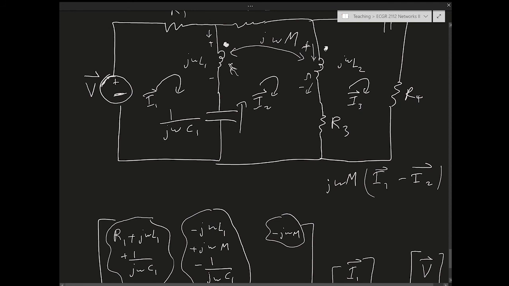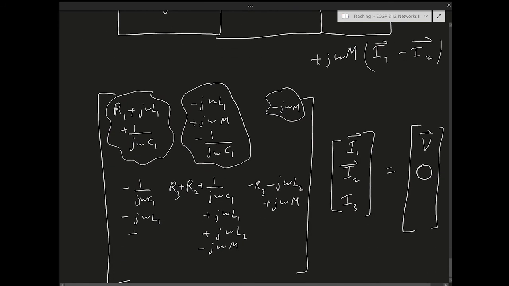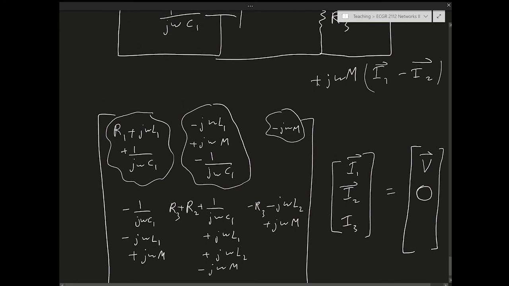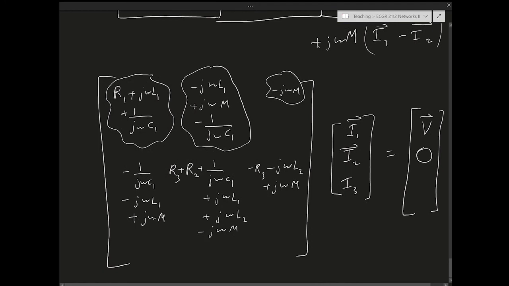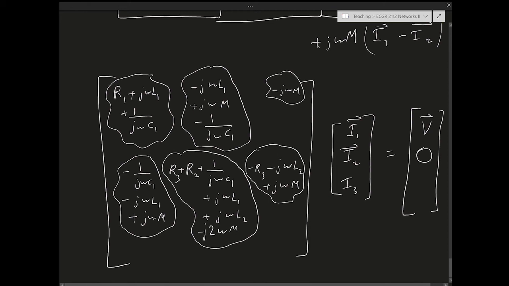It's I1 minus I2, so this is positive, right? So there's going to be plus j omega M in I1, and minus j omega M in I2. There's another minus j omega M that happens there. Okay, and I'm done. I populated the 3 elements of the second row by inspection.